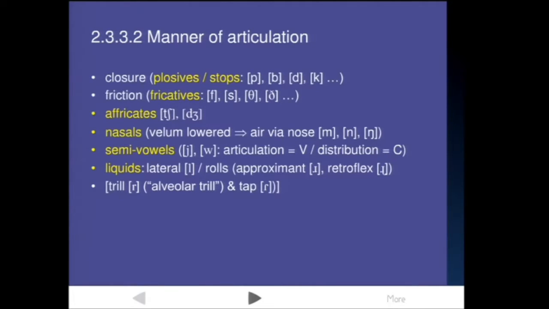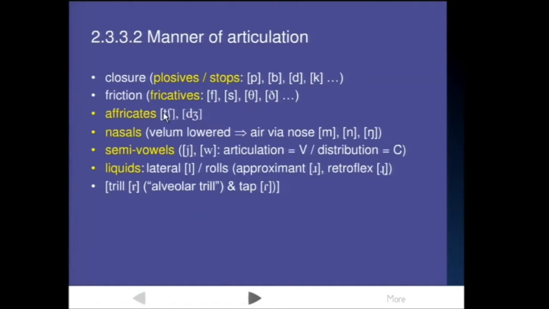Now, sometimes you can squeeze the two into a single sound, okay? So you start with a stop, you stop the airstream completely, and then you don't release it explosively, but you leave a friction. You combine the two into a single sound. And those are the so-called affricates, ch and j. So in ch, what you do is you put the tip of the tongue to the alveolar ridge, like t. That's why the symbol t appears in there.